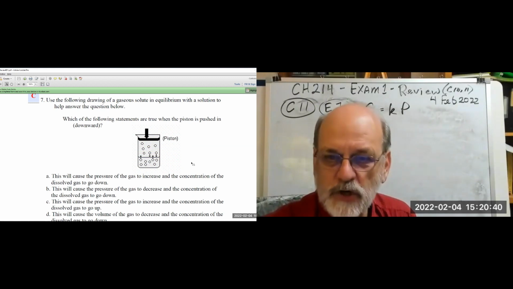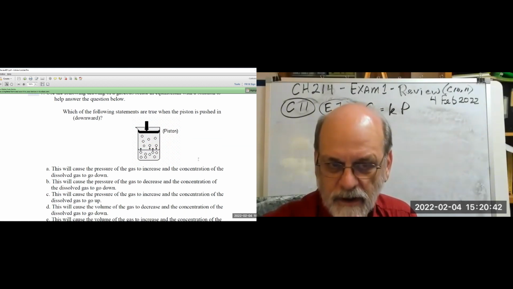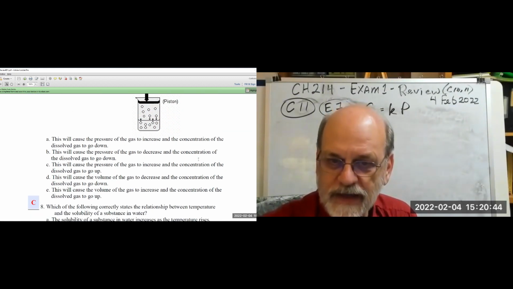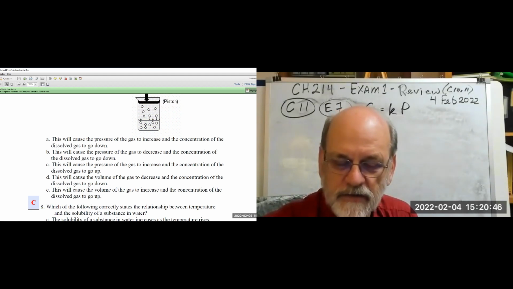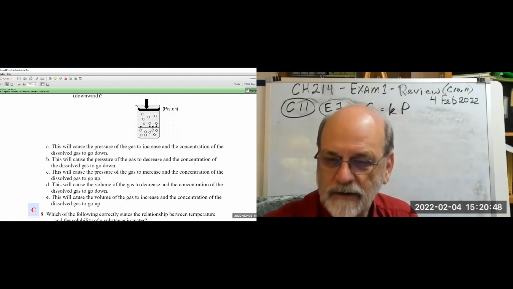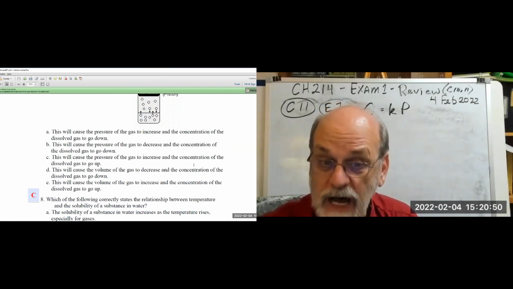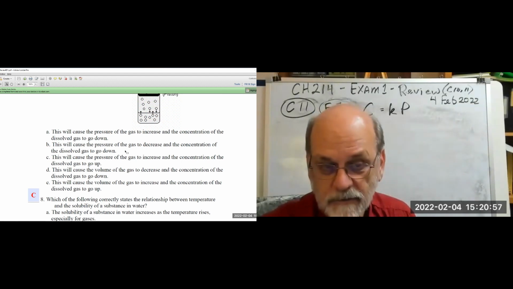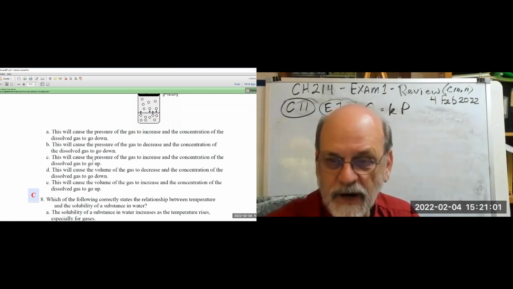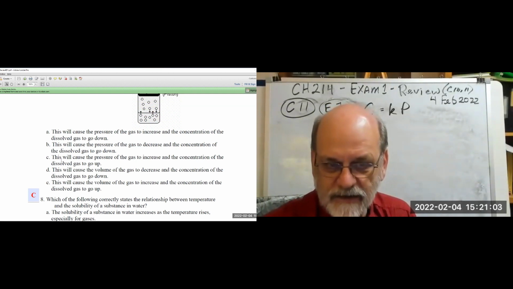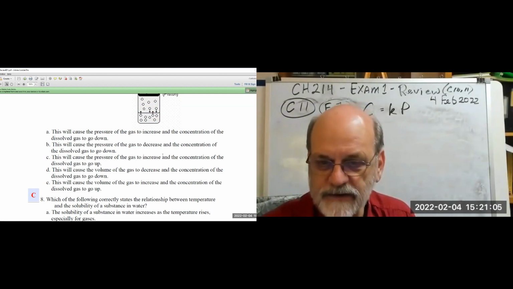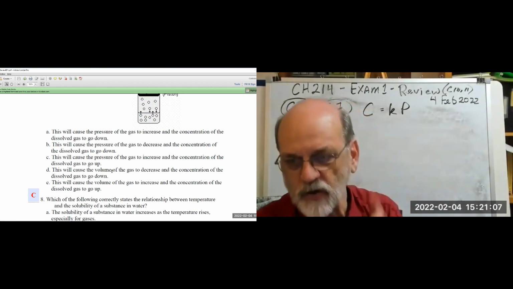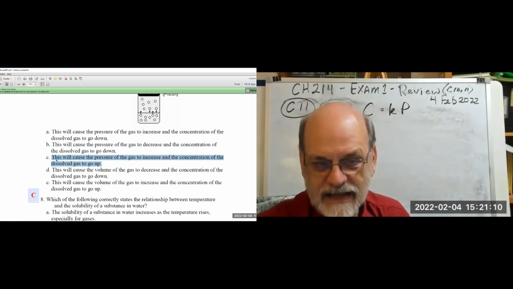When the piston is pushed downward, this will cause the pressure of the gas to increase and the concentration of the dissolved gas to go up. So the statements saying the dissolved gas concentration will go down, A and B, are false. Concentration of dissolved gas will go up, yes. And the preceding statement makes sense: the pressure of the gas increases and the concentration goes up. C is true.